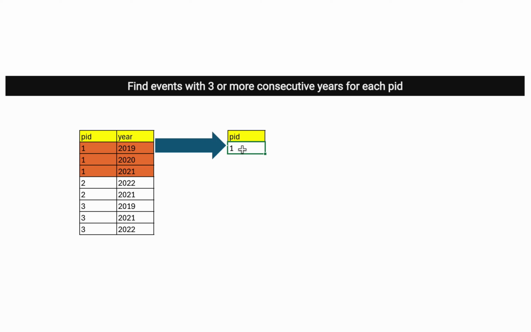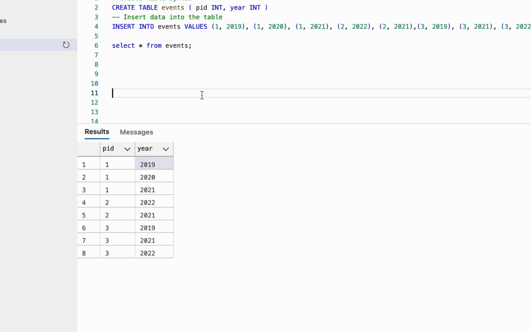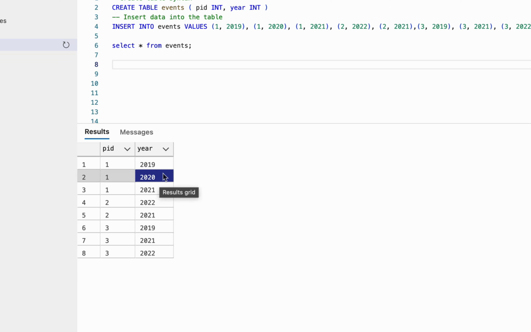So let's jump into our SQL and try to write the solution for this. We have this events table, and my approach to solve this problem is, suppose in any row, let's consider this second row, if we are able to get the 2019 information and also the 2021 information in the same row, then we can subtract 2019 from 2020 and the difference is 1.